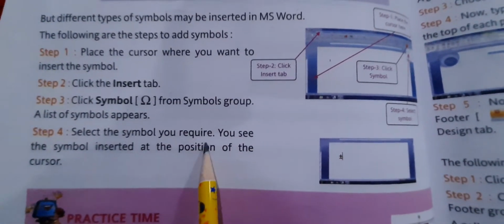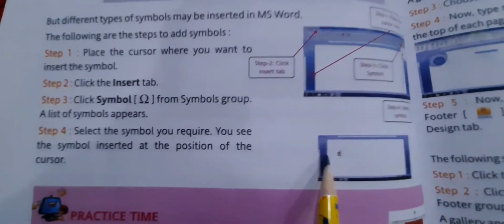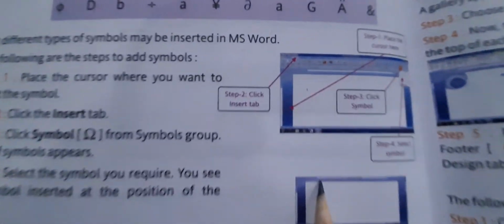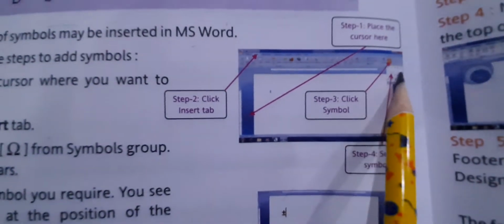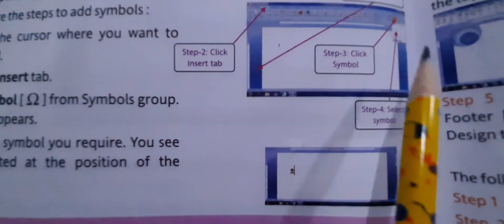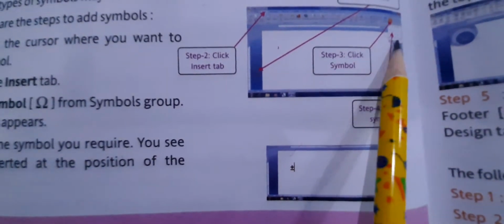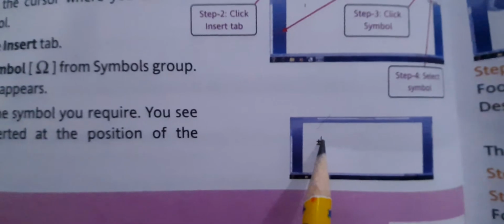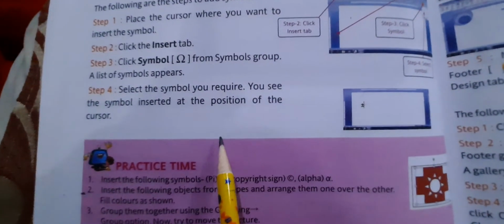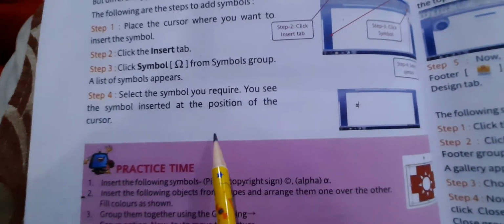Select the symbol you require. You see the symbol inserted at the position of the cursor, means here it will be inserted. Okay, here you can find the symbols tab, and from there you can select symbols in your book. Please have a proper look in your book, and then you can insert symbols like this. Okay, this was how we can insert symbols.